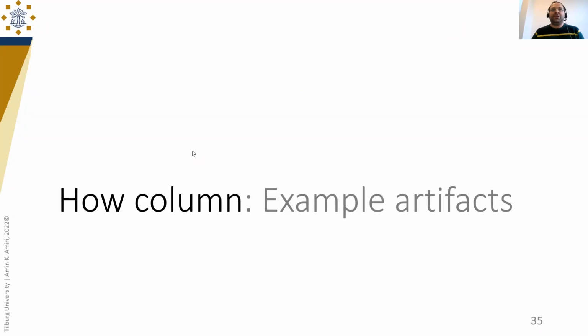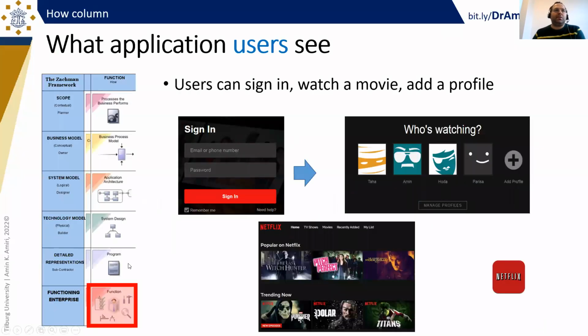Okay, so we just learned about the what column. Now we want to learn about Zachman's how column. About 4 or 5 slides ago, I explained this function or the applications. What application users see.